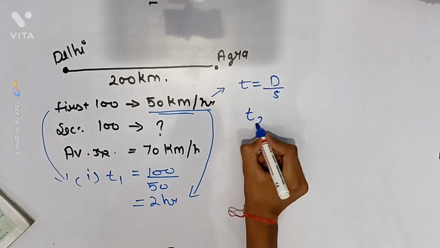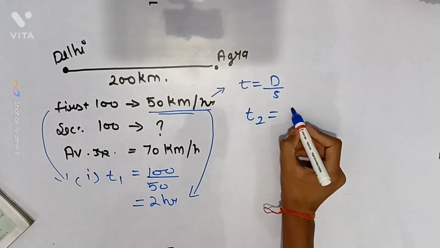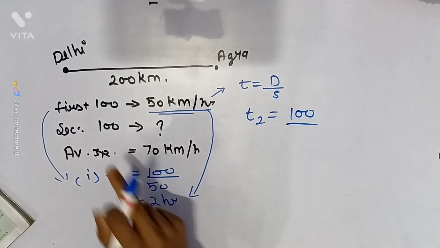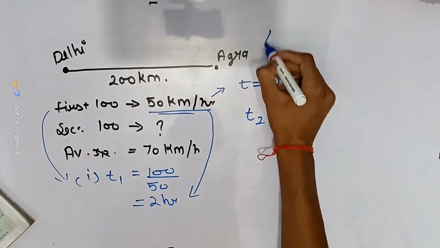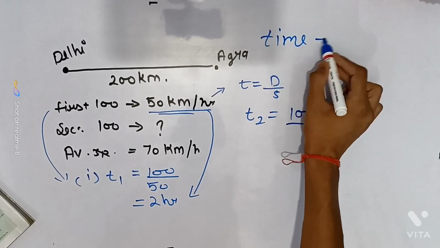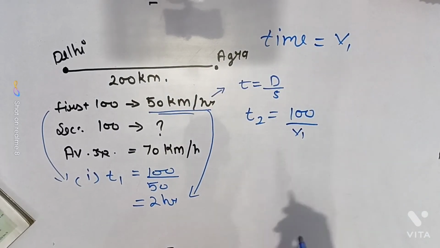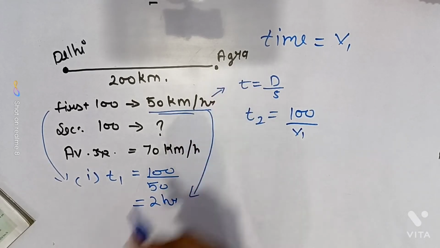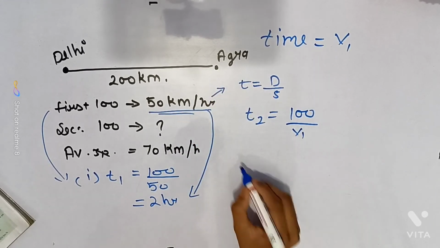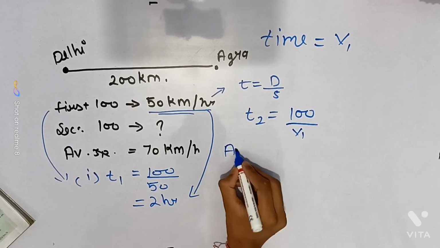Now we will take out the second time. The time t2 is equal to distance upon speed. We know the distance is 100 km, but we do not know the speed, so we will let the speed be V1. So the time will be 100 divided by V1. Now we will directly place them in the average speed formula. What is the formula of average?